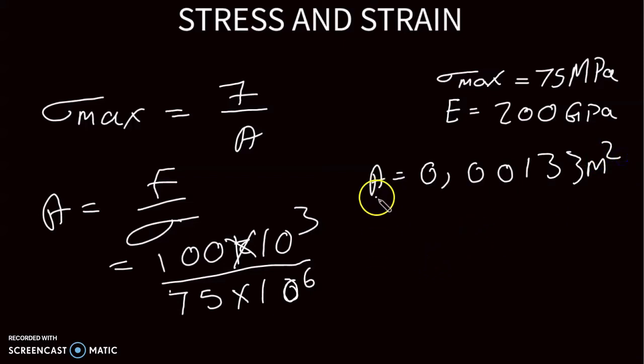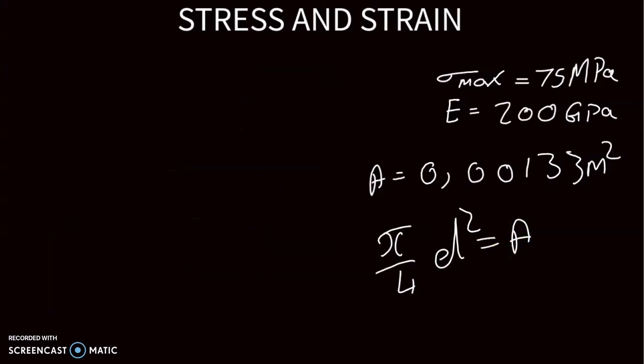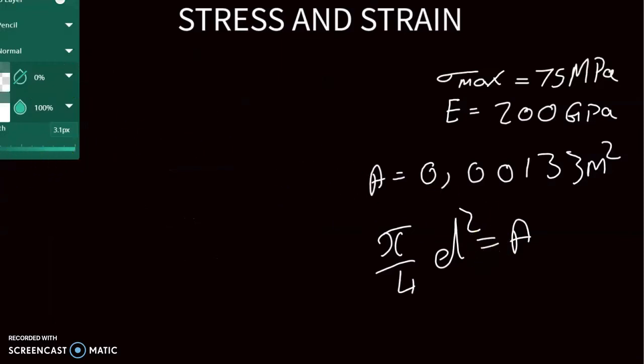And then from here, because we are not looking for the area, we are looking for the diameter. We know that area is given by pi divided by 4 d squared. That is our area. So we are going to use that formula to get the diameter.